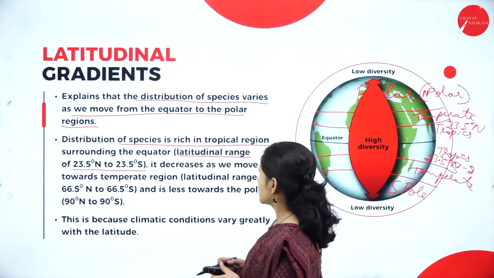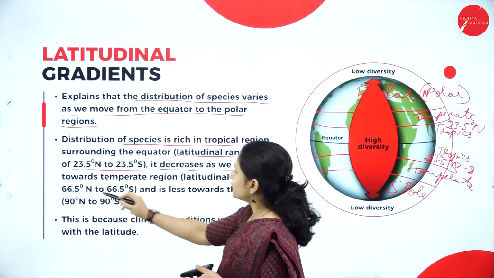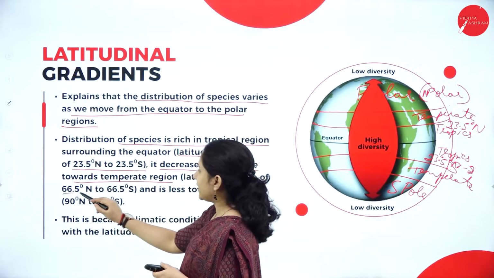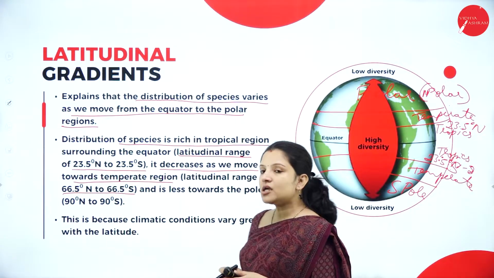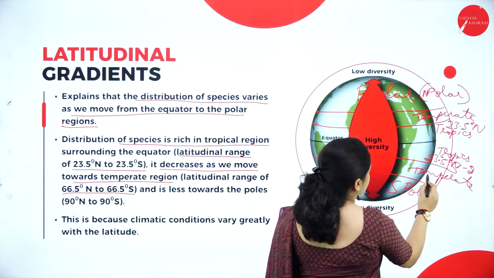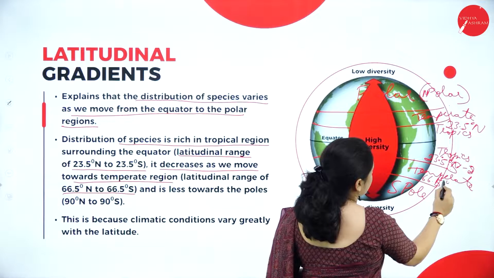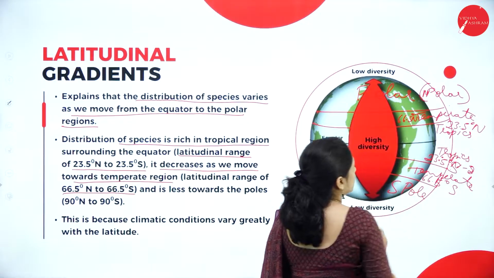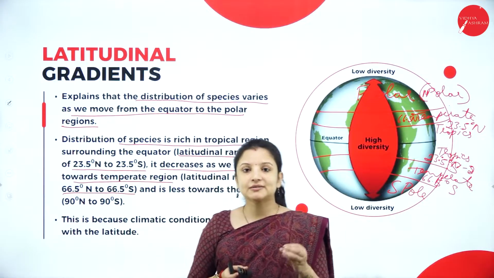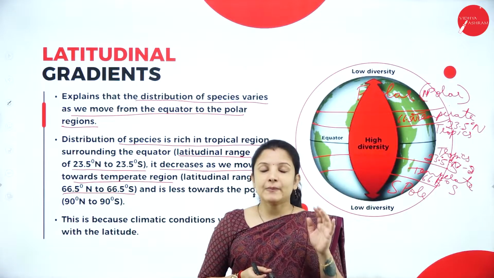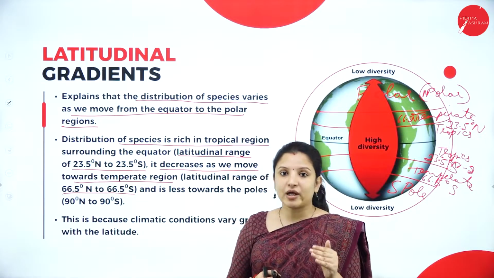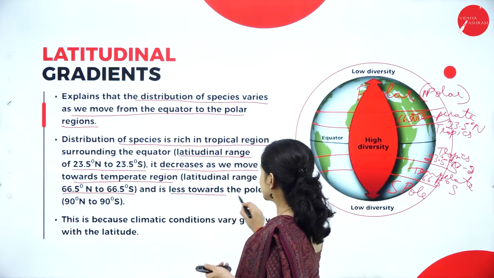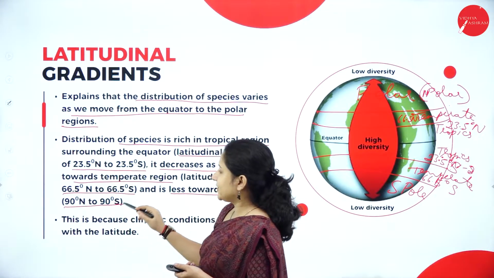It decreases as we move towards the temperate region, that is the latitudinal range of 66.5 degree north to 66.5 degree south. So there, when compared to the tropics, species distribution is there, but the number of species tends to vary and it is much lesser when compared to the tropical region, and less towards the poles, that is 90 degree north to 90 degree south.